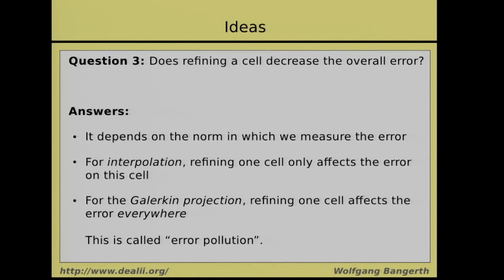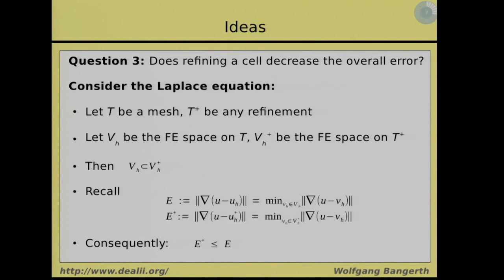So that's sort of the question number 3. And to discuss this in more concrete terms for the Laplace equation, if you, for example, have a mesh T and you have a refinement that I'm going to call T plus, so it consists of the same cells plus a few more, or let's say I've replaced a few cells by their children.